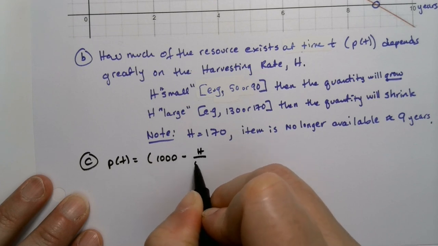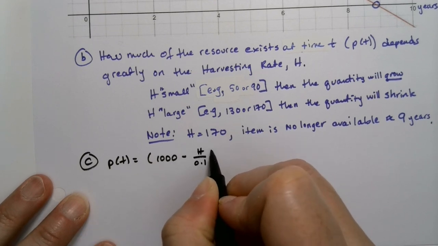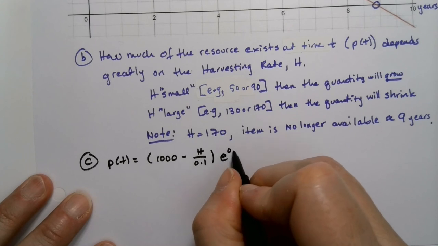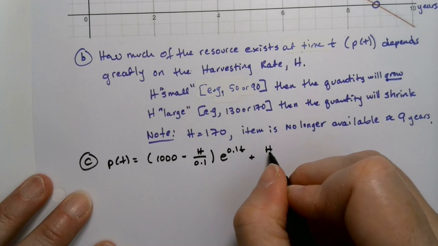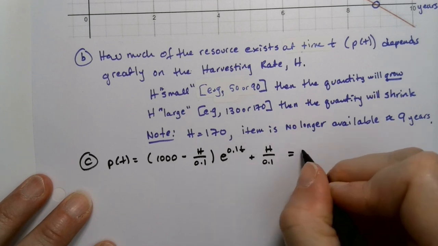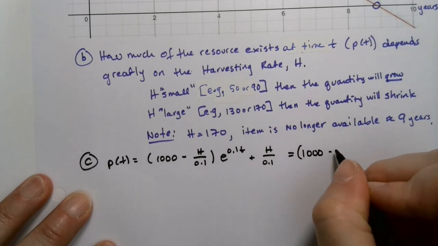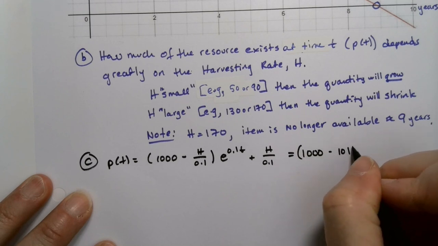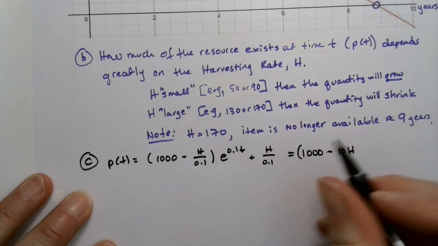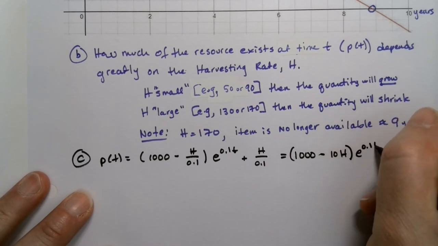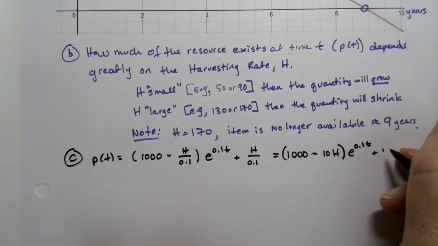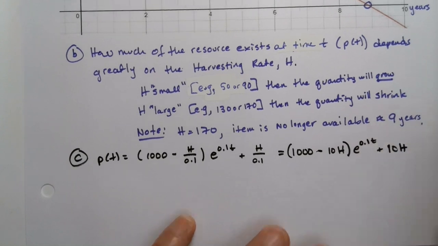So h over 0.1, because that's my r value, e to the 0.1 t plus h over 0.1, which is the same thing as saying 1,000 minus 10h, because division by 0.1 is the same thing as multiplying by 10, e to the 0.1 t plus 10h.